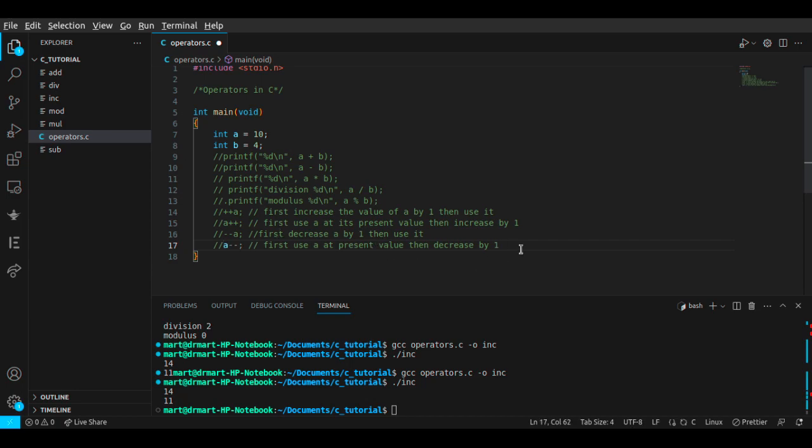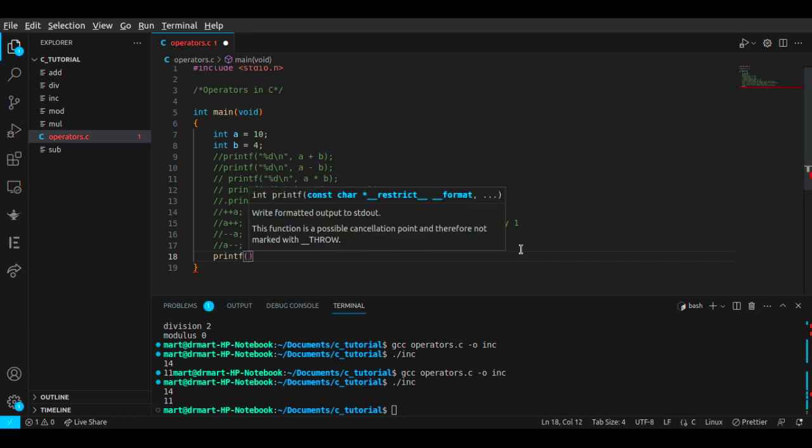So let's see this in action. I just want to do a printf, then let's do %d and of course a new line. What I want to use is a, so I want to do a comma a.